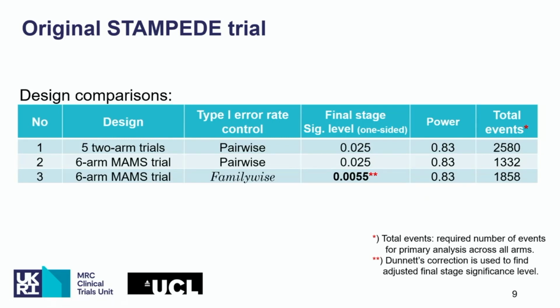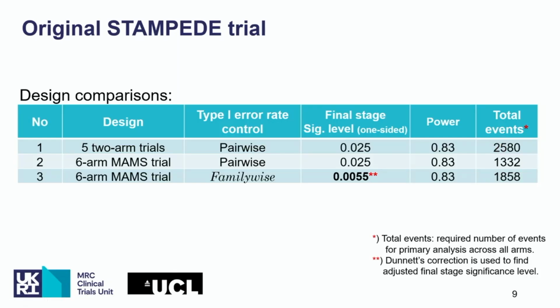However, if the focus of the design was the family-wise error rate, which was controlled at the same level, 2.5% across all comparisons and stages, look at the effective sample size now. It is still more efficient despite controlling for multiple testing. It is still more efficient than running separate trials, but it is less efficient than targeting a pairwise error rate.